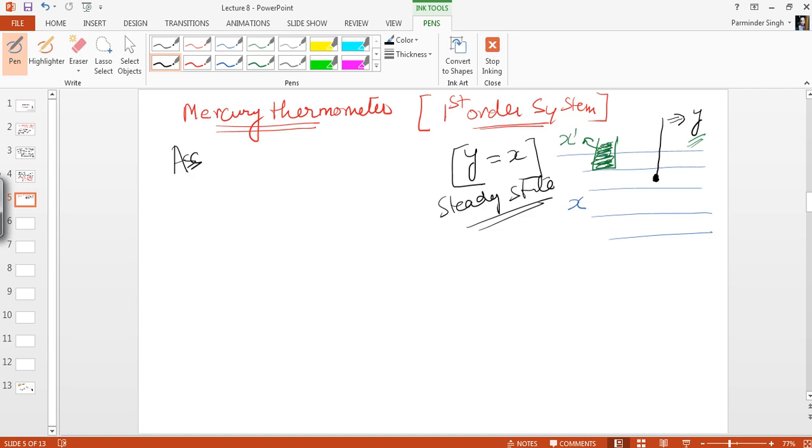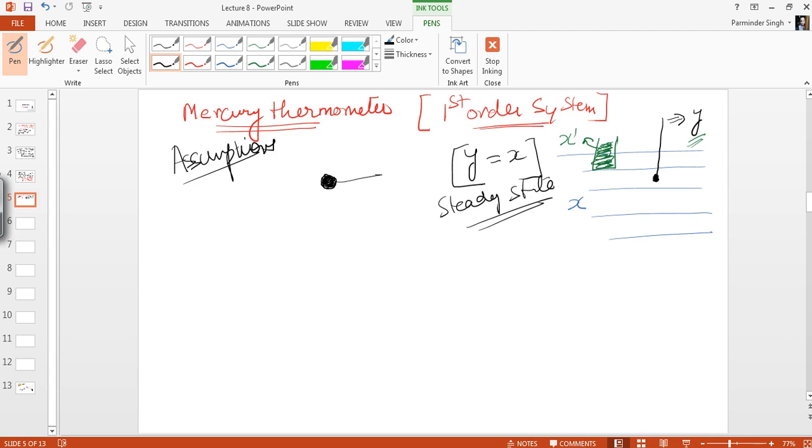So the first assumption, number one, but before that let me show that this is, let's say, the mercury. I am drawing a cross sectional area.